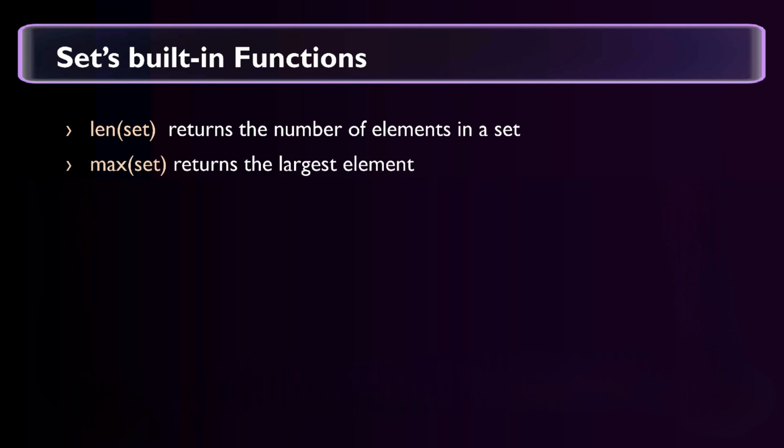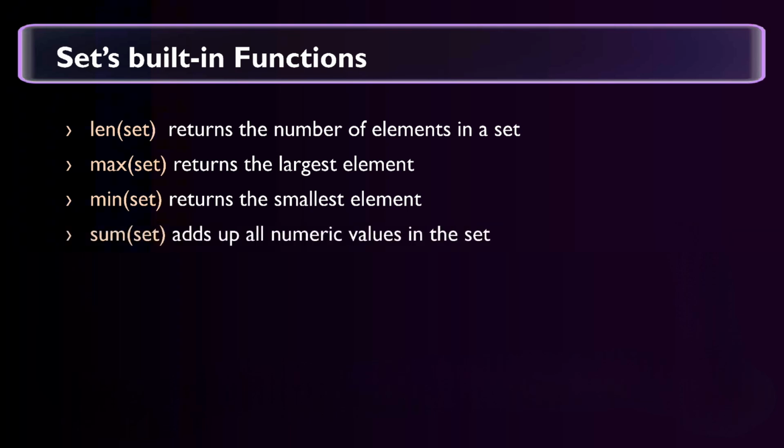The max function gives us the highest value in the set, while the min returns the smallest value of the set. We should remember that all elements must be of the same type and comparable. The sum function is useful when we want to total of all numeric elements in a set.